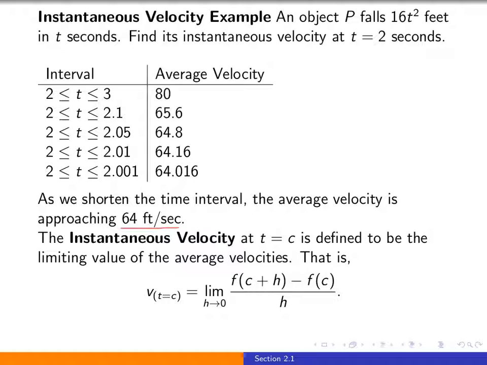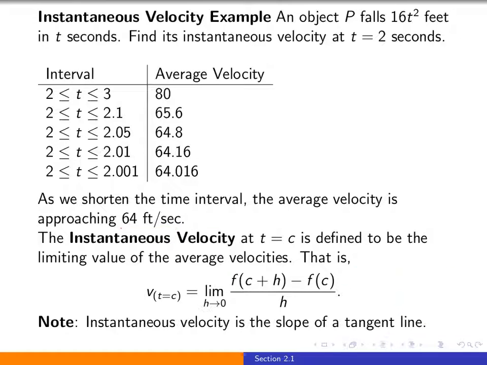And to go back to that average velocity interpretation, the f of c plus h minus f of c on top represents a distance traveled, and dividing by h represents the time it takes to travel that distance. So let's go back to our original problem and use this limit to calculate the instantaneous velocity.